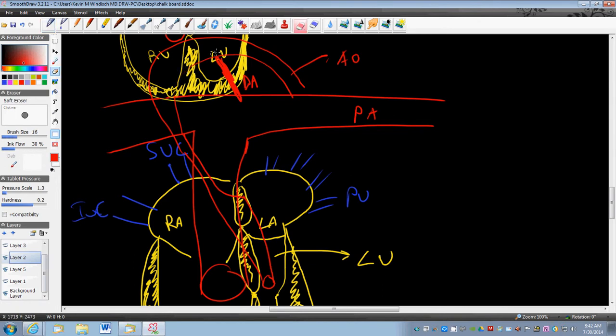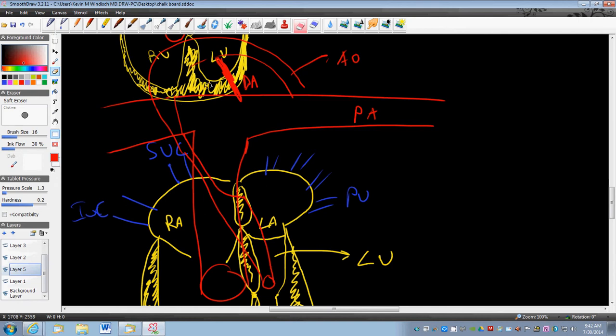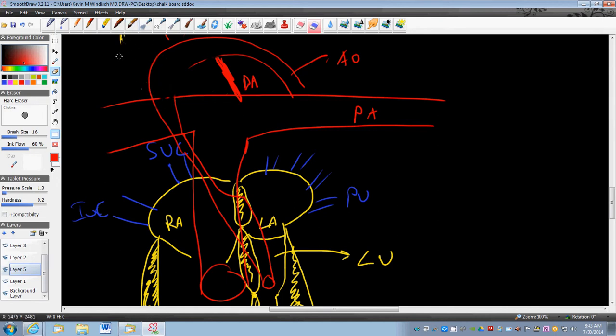So let me clean some things up here first. Whoops. We're going to get rid of this other heart because it's in the way. And then we're going to make a thinner, more atretic aorta, which is closer to the reality of what we're dealing with here.